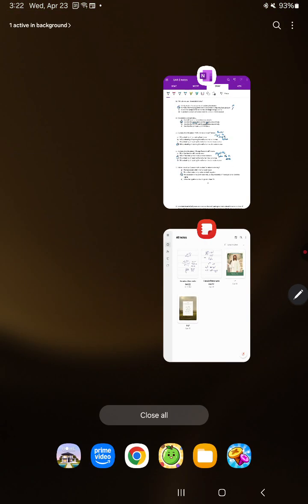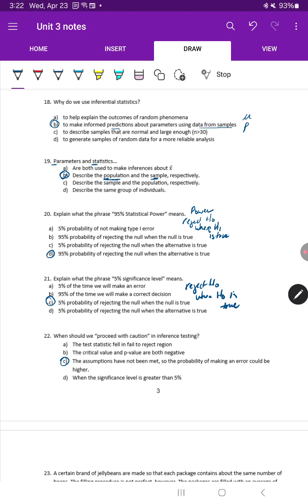Explain what the phrase 95% power means. So power is when I reject the null hypothesis when it's false. I reject and I was right.